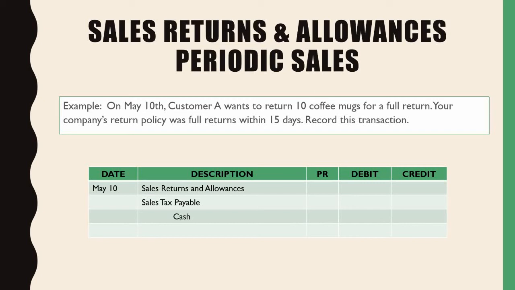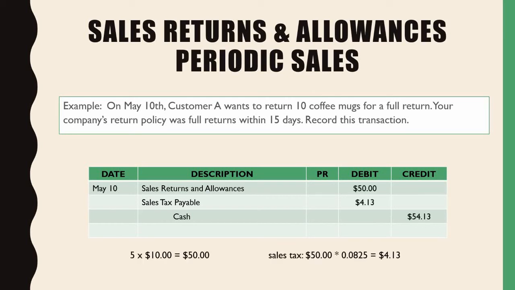We're also going to give them back the amount of tax that they are due to receive back. Exactly what Kim said, it's only a portion of the tax they paid because they're not refunding the full amount. They're not refunding all 50 mugs, they're only refunding 10 of them. And how they paid us was cash.